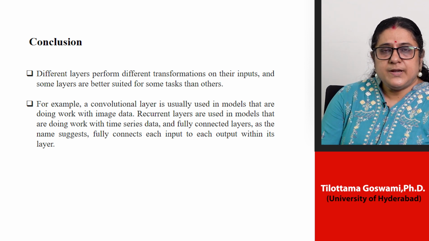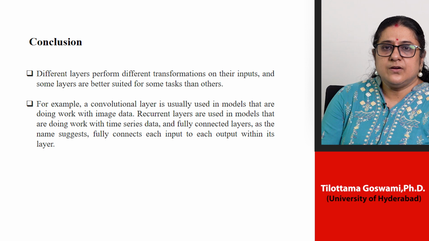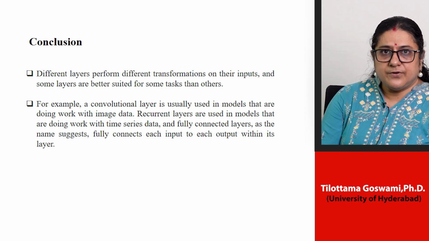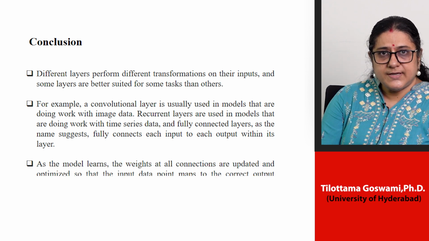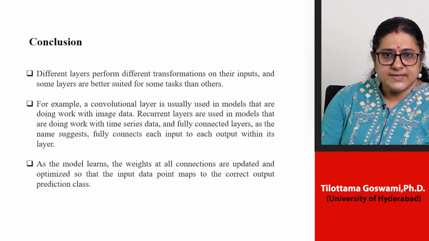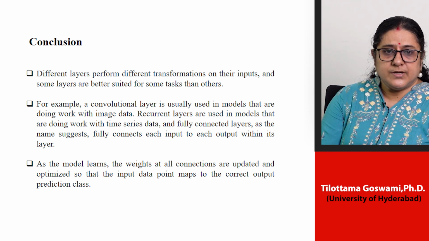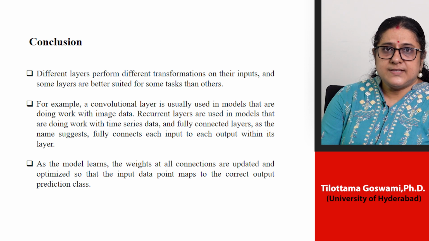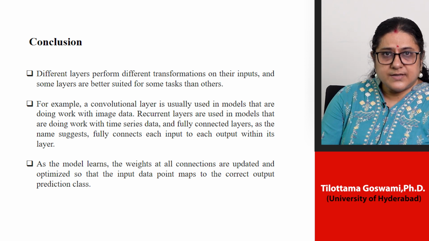So depending on the data types and the task, the layers are used and formed. Multiple layers are formed in a sequence to perform the tasks. As the model learns, the weights of all the connections are updated and optimized so that given the input, it maps to the correct output and the predicted class matches the target class.